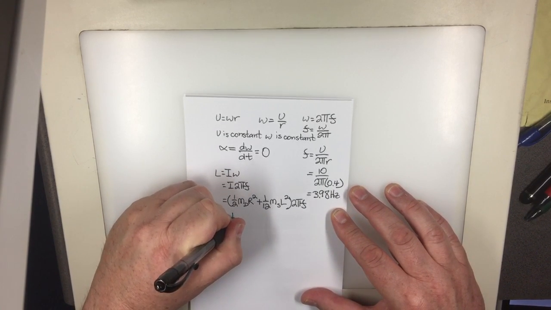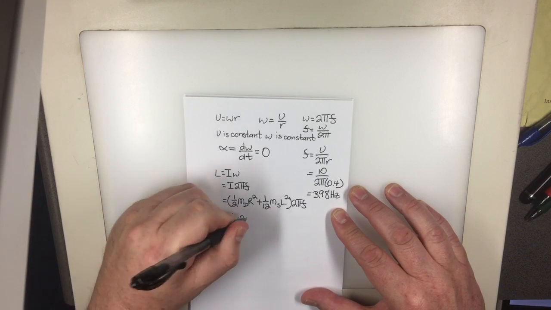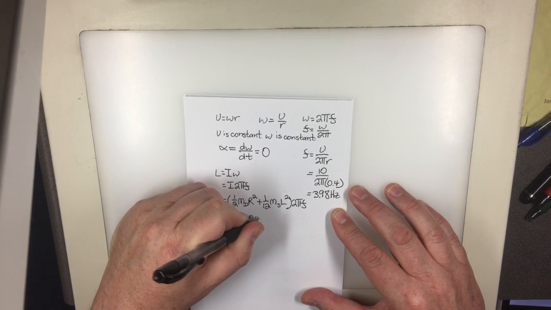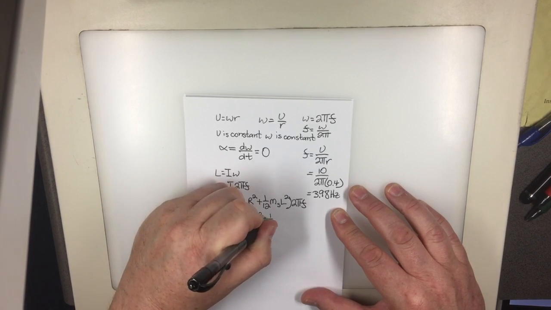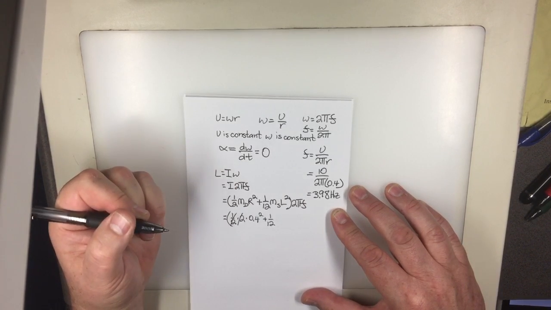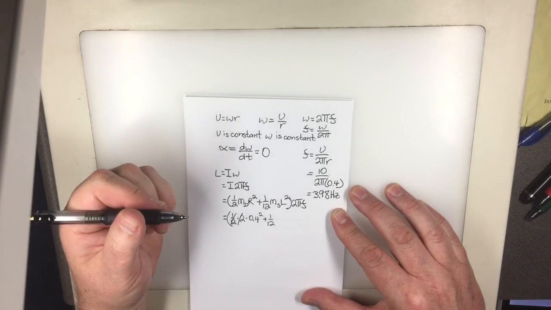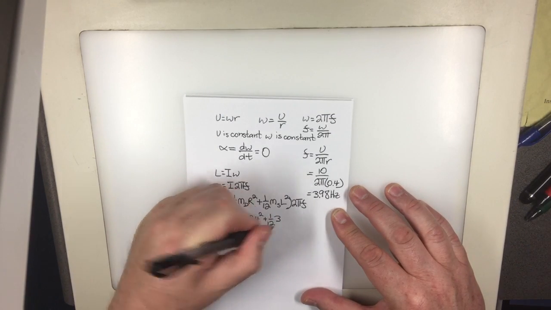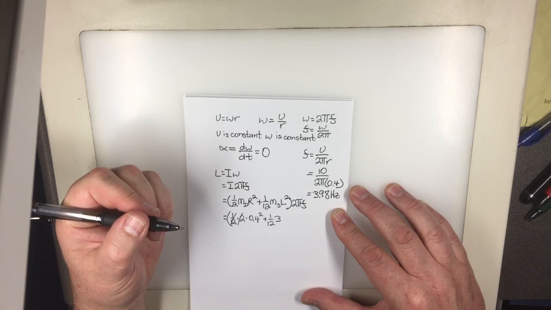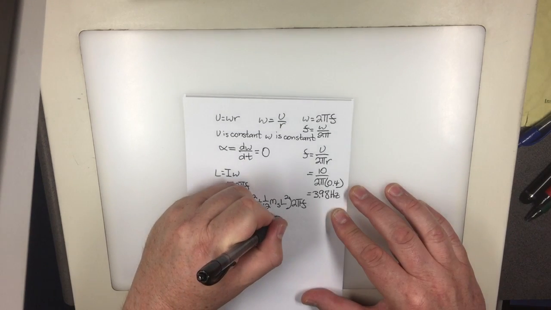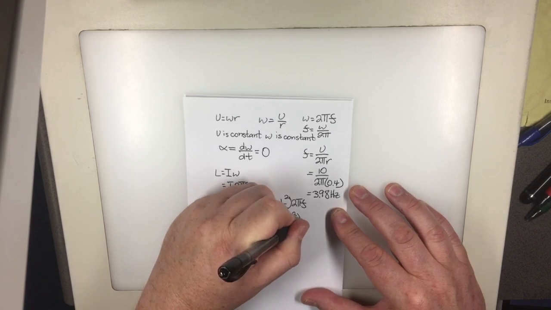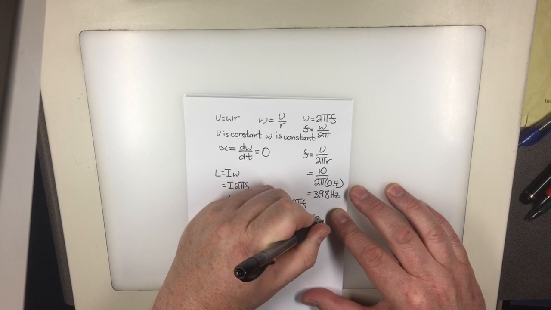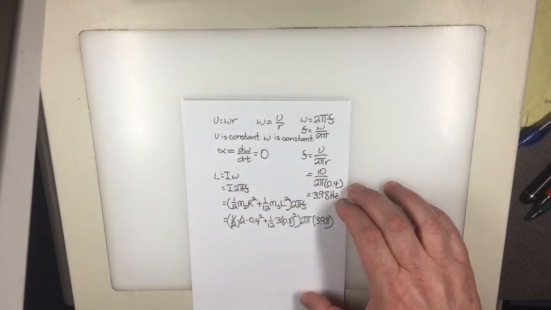The disk is 2. The radius is 0.4. Mass of the stick is 3. L is 0.8. Frequency is 3.98.